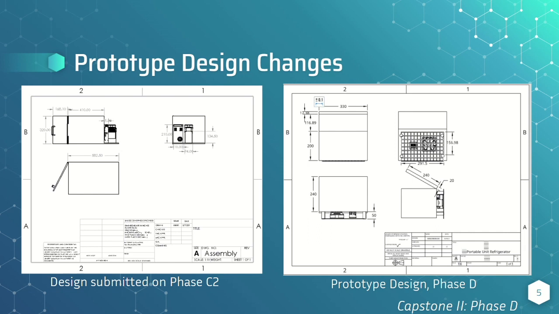Continuing with the prototype design changes, on the left we have the drawing of the design submitted on phase C2, and on the right is the design of phase D. The units are in millimeters, and the main changes will be the decrease in size, the change in the door placements, and many other details that will be explained continuously.